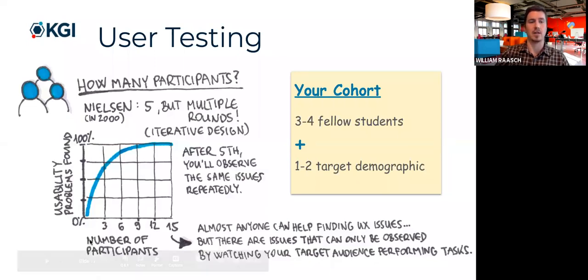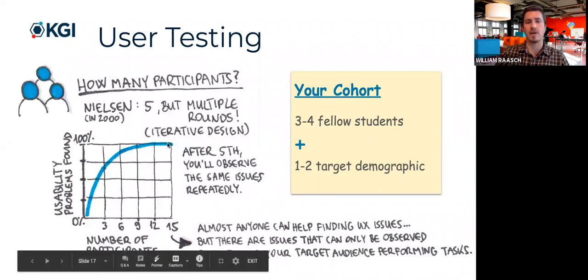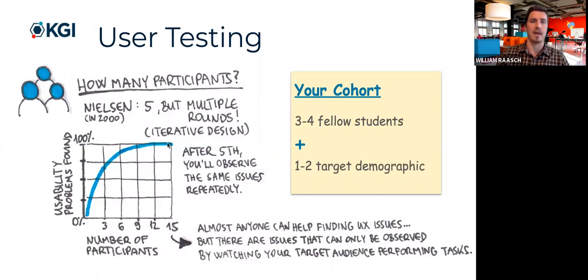They found this curve right here, which is very reminiscent of a lot of management observations. There's the idea of the Pareto Rule, where 80% of lost productivity comes from 20% of problems. So it's the 80-20 rule.